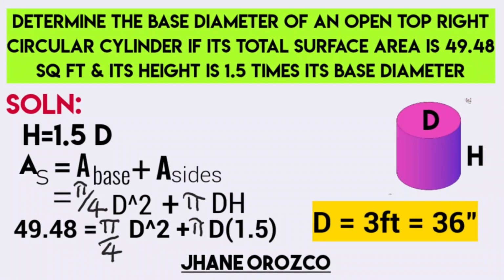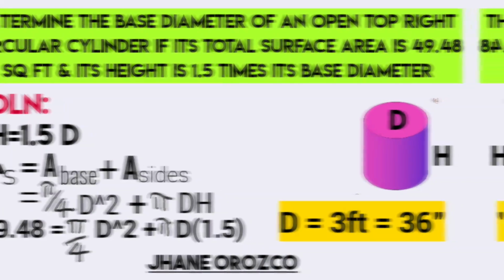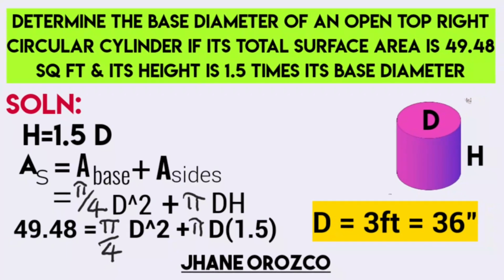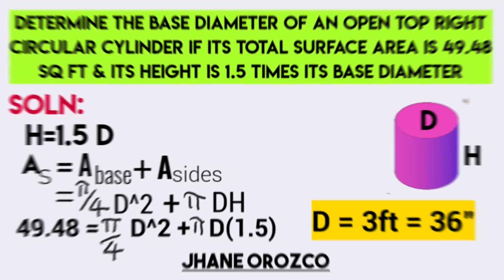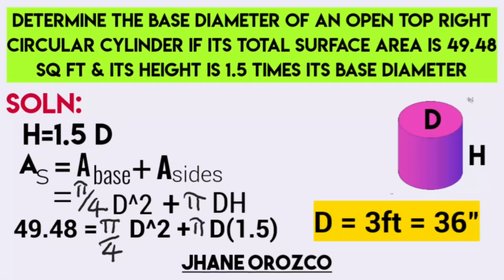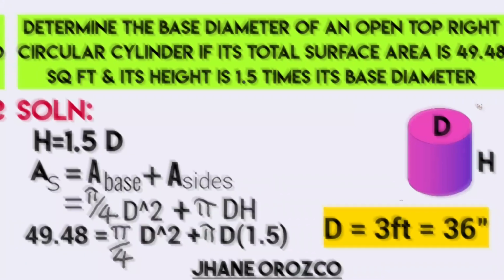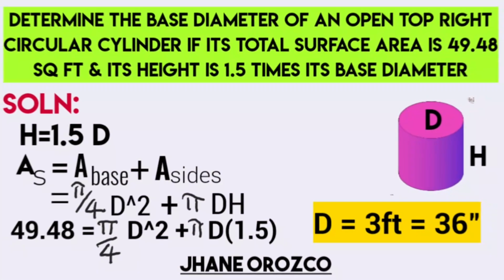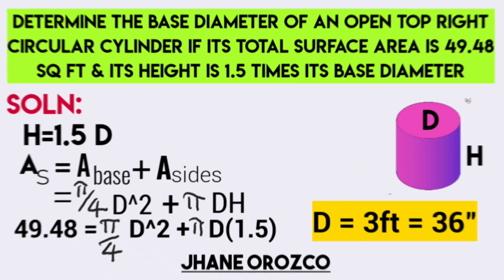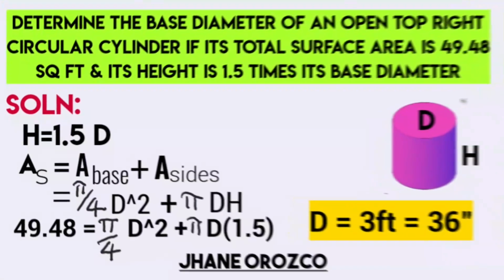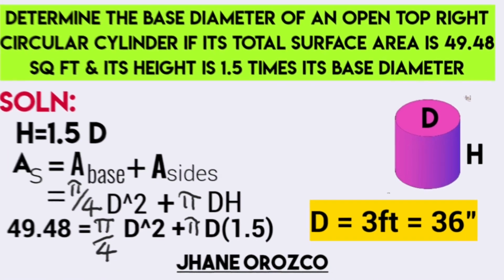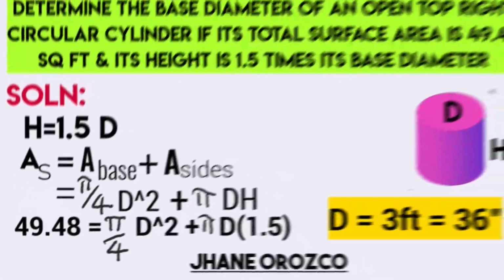Now, the area of the base is equal to pi over 4 d squared, and the area of the sides is equal to pi times the diameter times the height. Therefore, the surface area 49.48 equals pi over 4 d squared plus pi times d times 1.5 d.